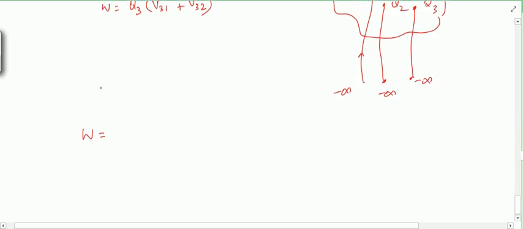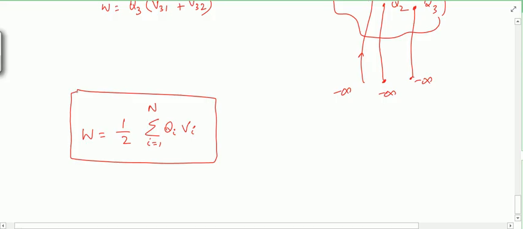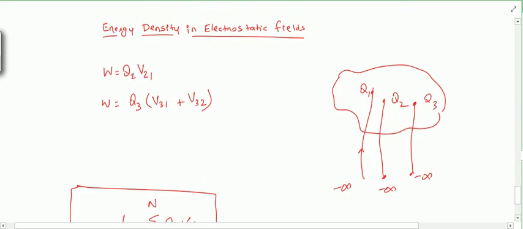So the total work expression for n number of charges will come as the summation of qi vi, where i equals 1 to n. There is no need of derivation for this. You can actually understand, if I add these two, what will come? It will be twice of the work done.